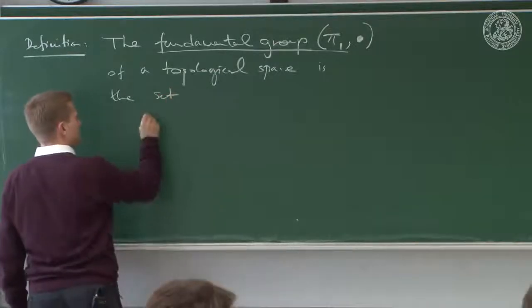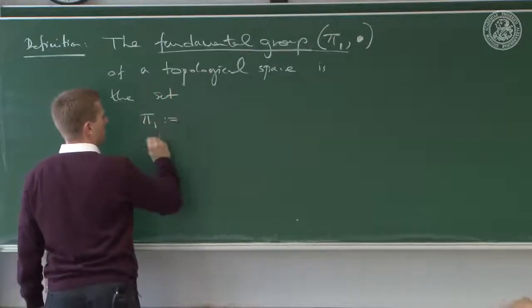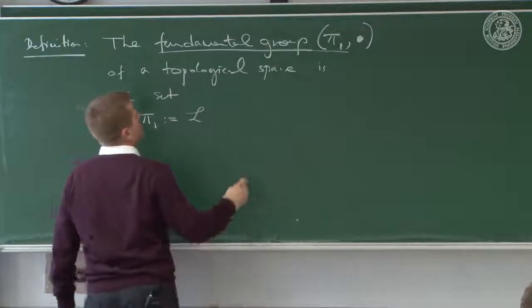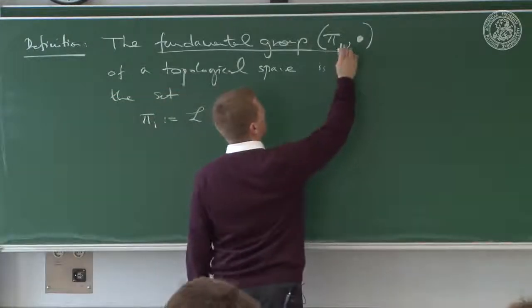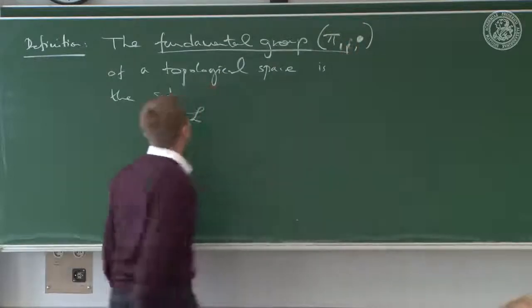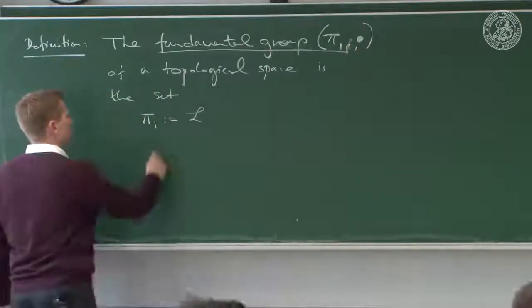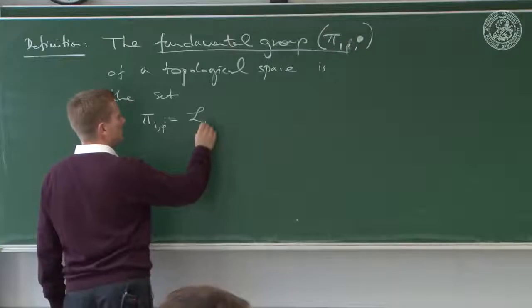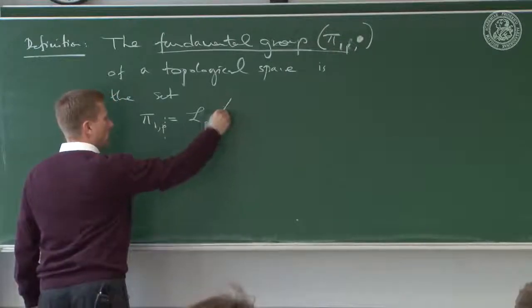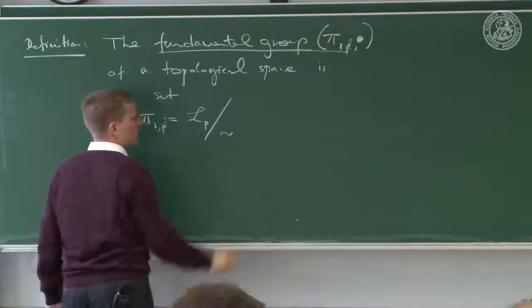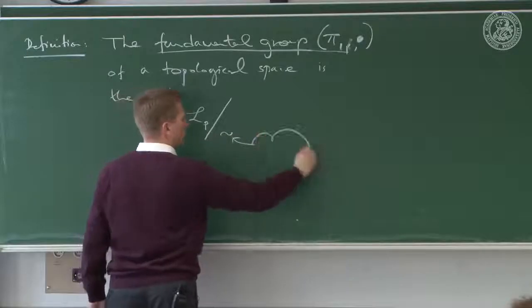Well, what's the set? It's the fundamental group at a point, to be precise. The set pi 1 at a point P is the loops at that point, quotient the homotopy.